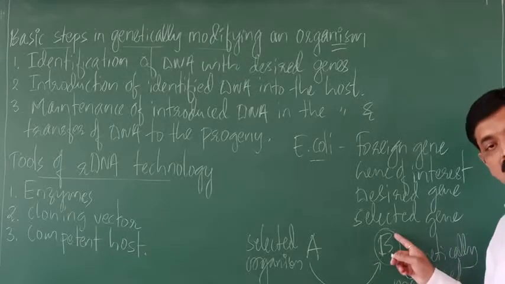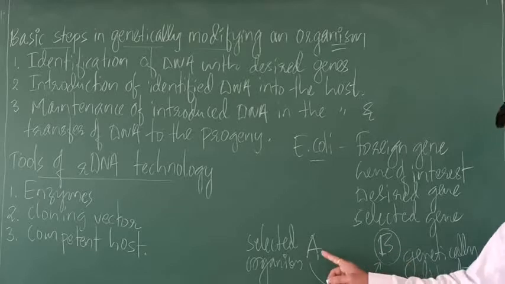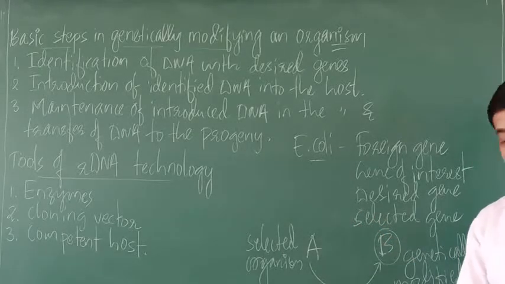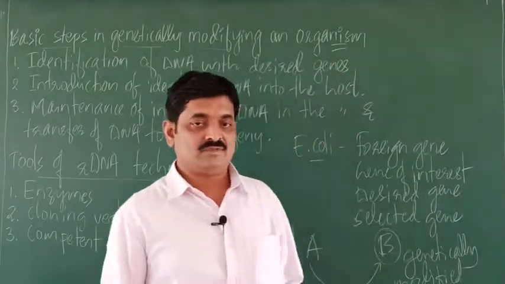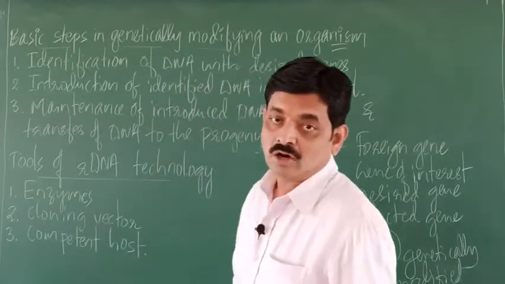B becomes genetically modified because it gets a foreign gene which is originally from A. So this is how you can genetically modify an organism. This is the simple procedure I have told you.